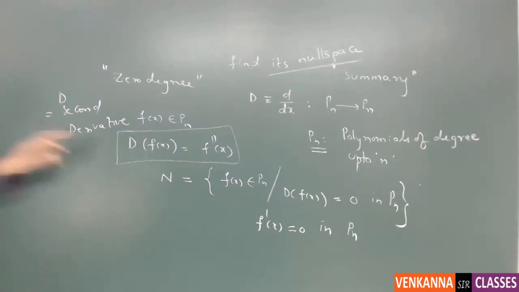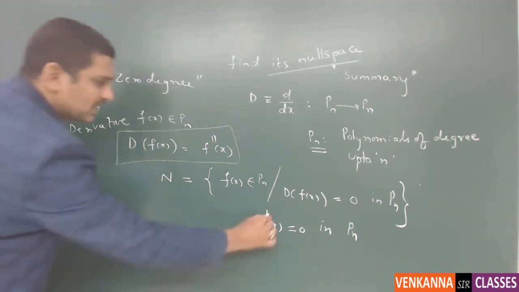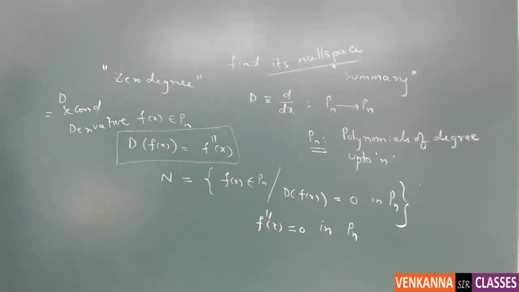If I consider D in this manner, what could be its null space? I am considering all polynomials in the domain Pn whose second derivative is 0. So what is the possibility for domain values? Constant and first degree polynomials.